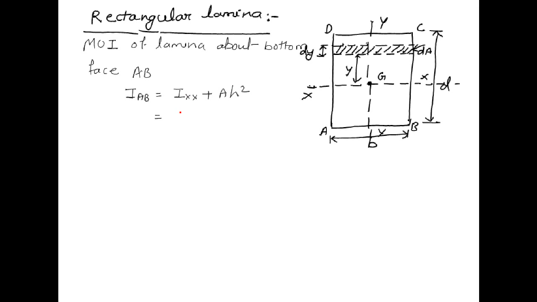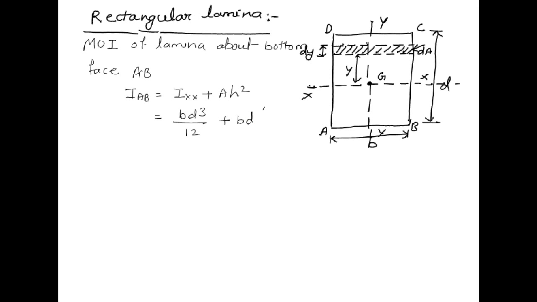It is bd³/12 plus the area of this rectangular lamina, the width is b and the depth is d. So the area will be b into d.